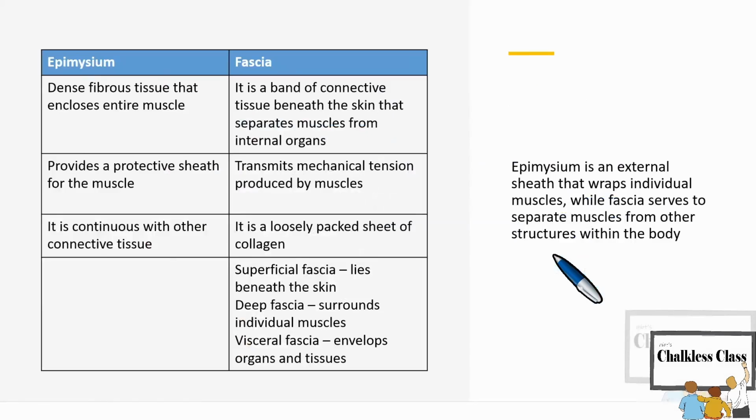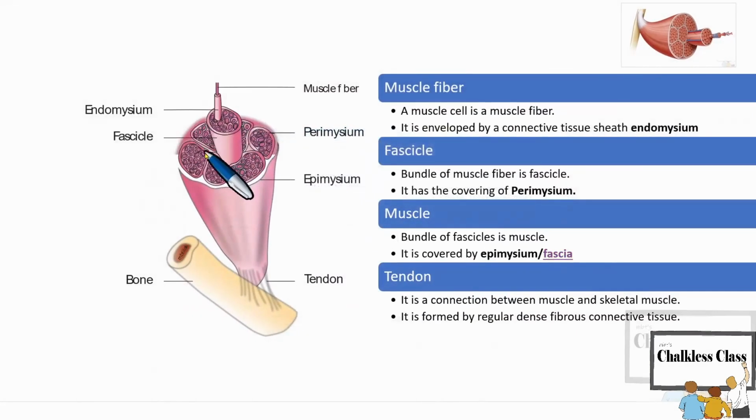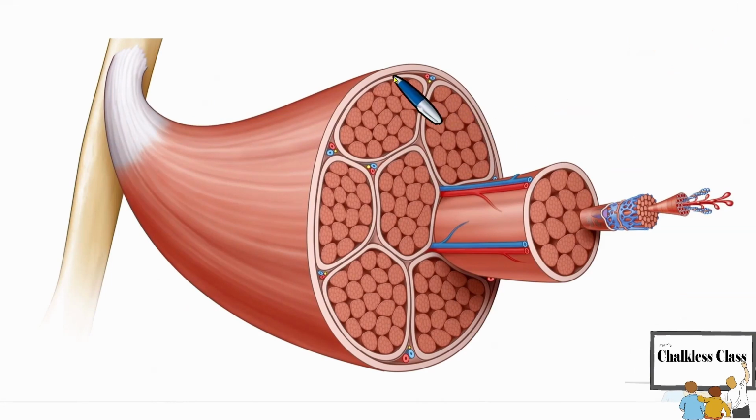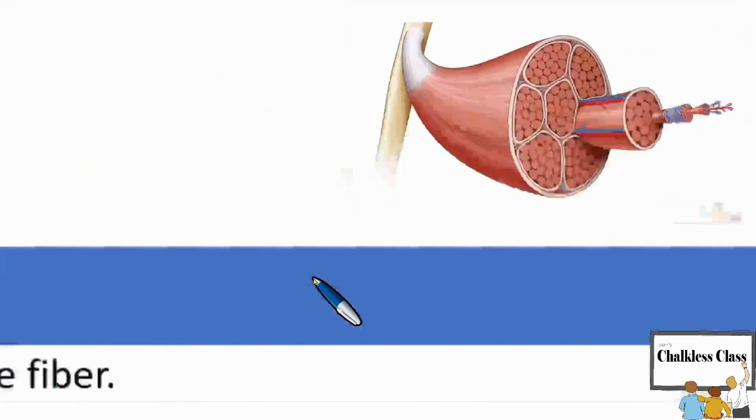What is the difference between fascia and the epimysium? Let us see. Epimysium is a dense fibrous tissue that encloses the entire muscle. You can see this epimysium covering the entire muscle, and also in this part very clearly.